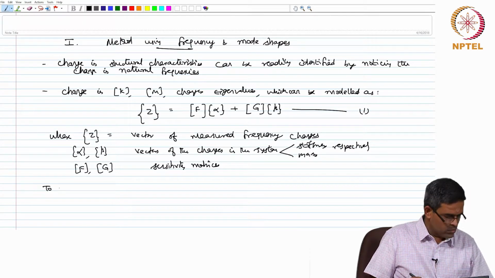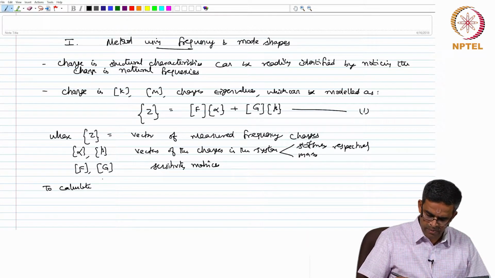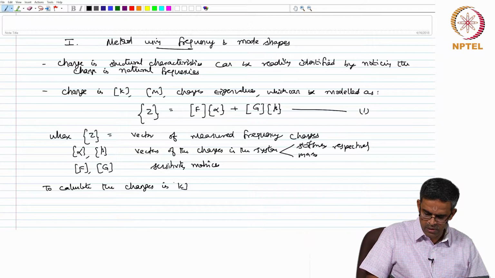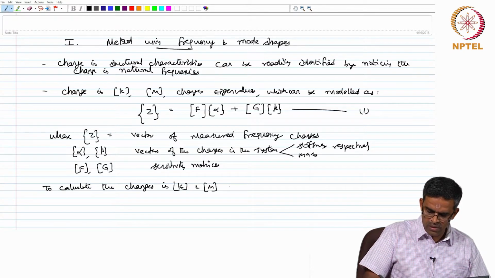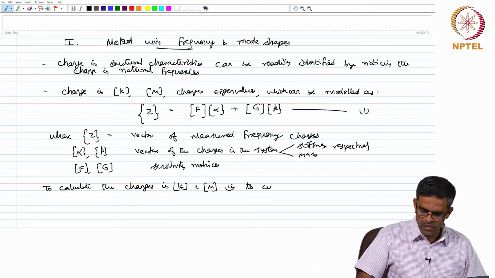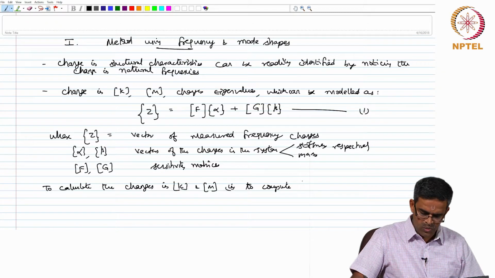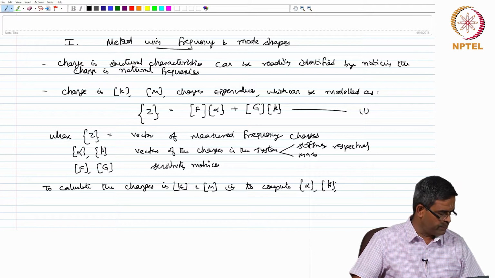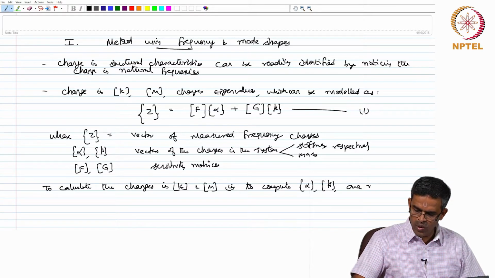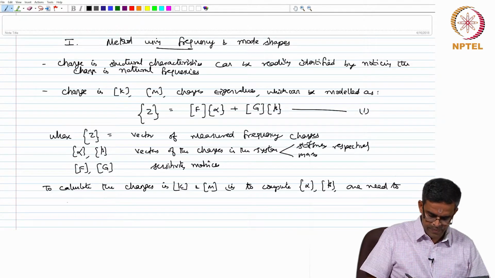Now, to calculate the changes in stiffness and mass, that is to compute the alpha and beta vector, one need to calculate the sensitivity matrices.